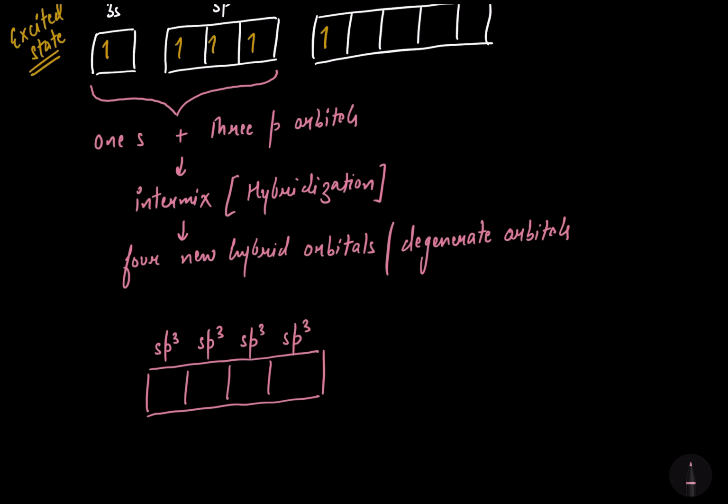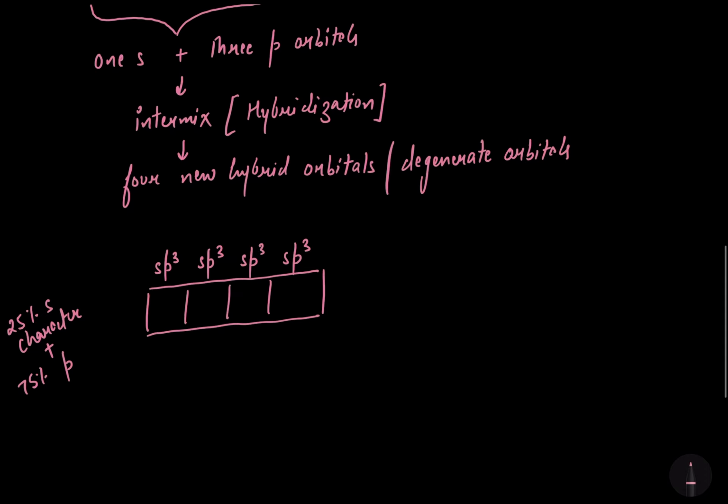And sp3 signifies that we will be having 25% s character and 75% p character per hybrid orbital.